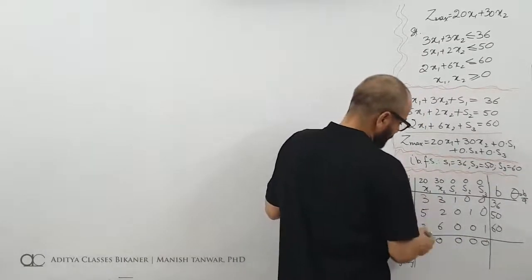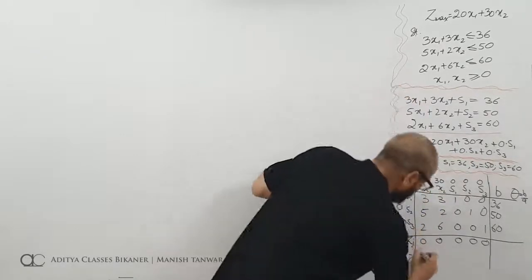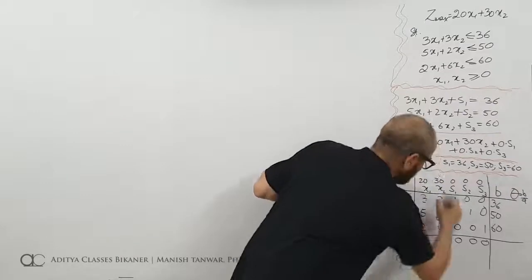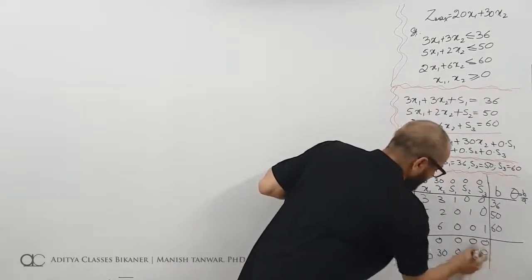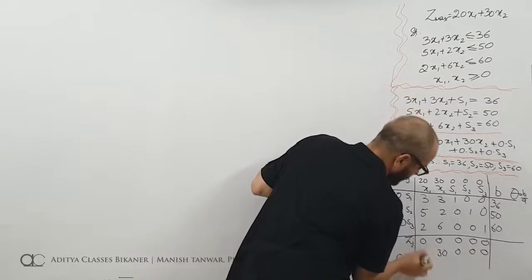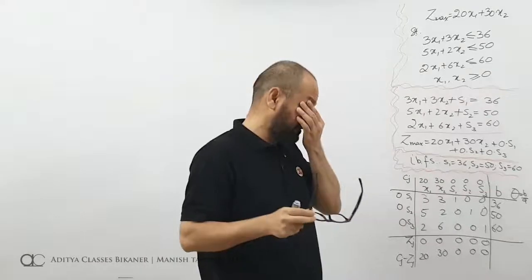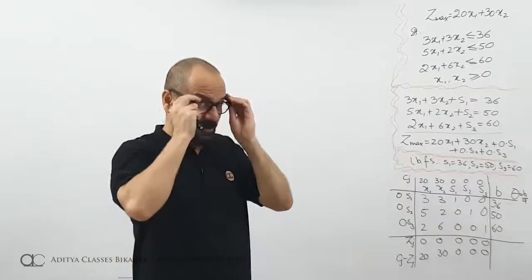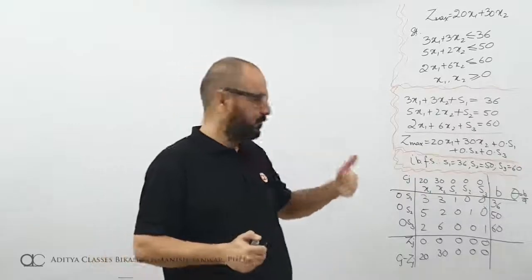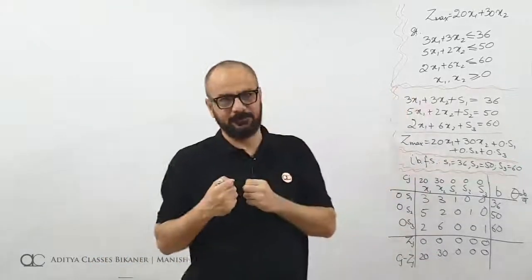Then I can have Cj minus Zj: 20 minus 0, 20, 30 minus 0 would be 30. These are our values. Now, the most positive will give me my key column and incoming variable.